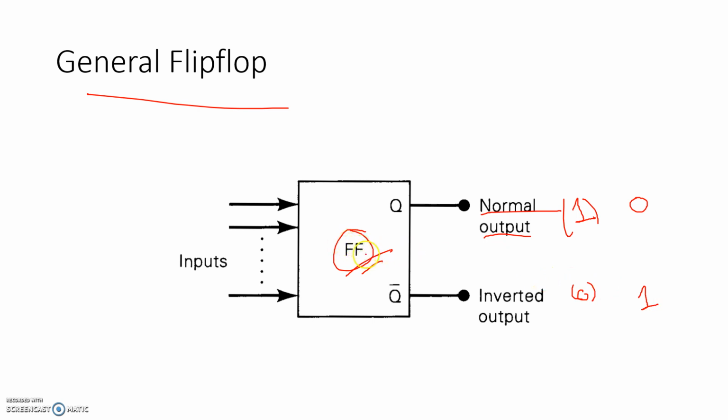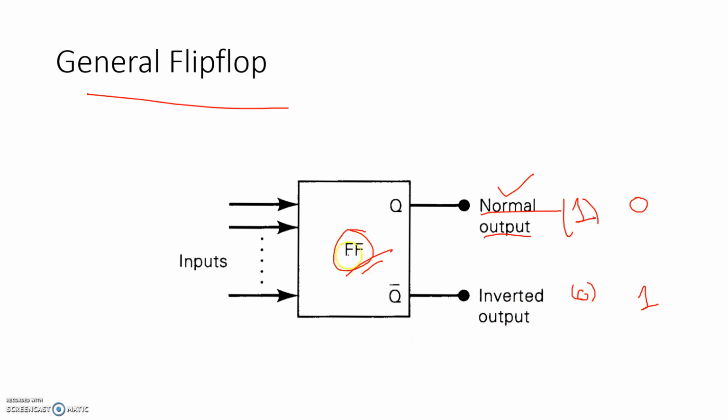Whenever we talk about the states of a flip-flop, we say it with respect to the normal output, not the inverted output. Set and reset are the two possible conditions. Q is one bit in binary, either 0 or 1. So 0 means the flip-flop is in reset, and 1 means the flip-flop is in set.